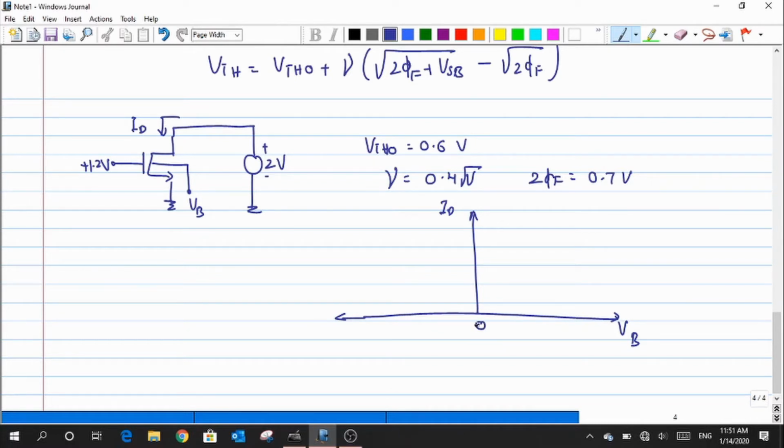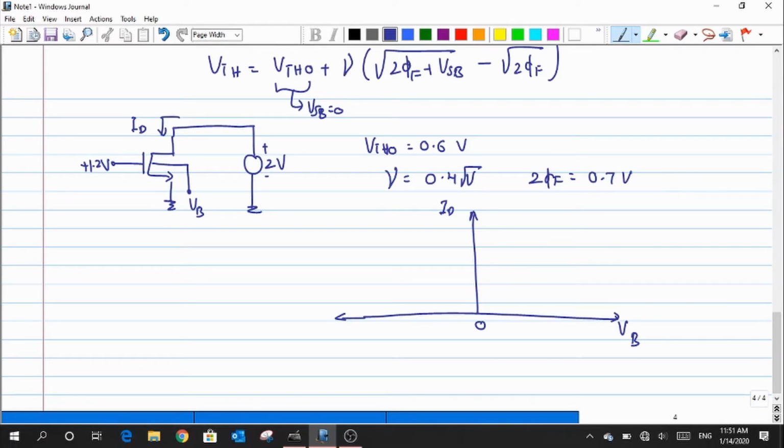When the value of VB is equal to 0, will there be any current through the device? What does this VT0 basically mean? Yeah, when VSB is equal to 0, which means the source and the body are at the same potential, this is the threshold voltage I will have for the device.